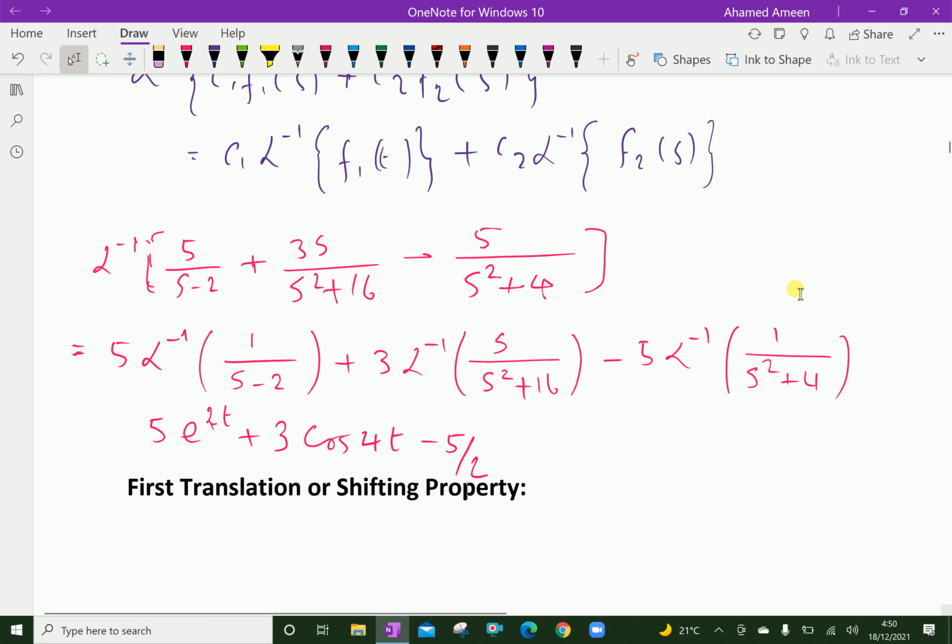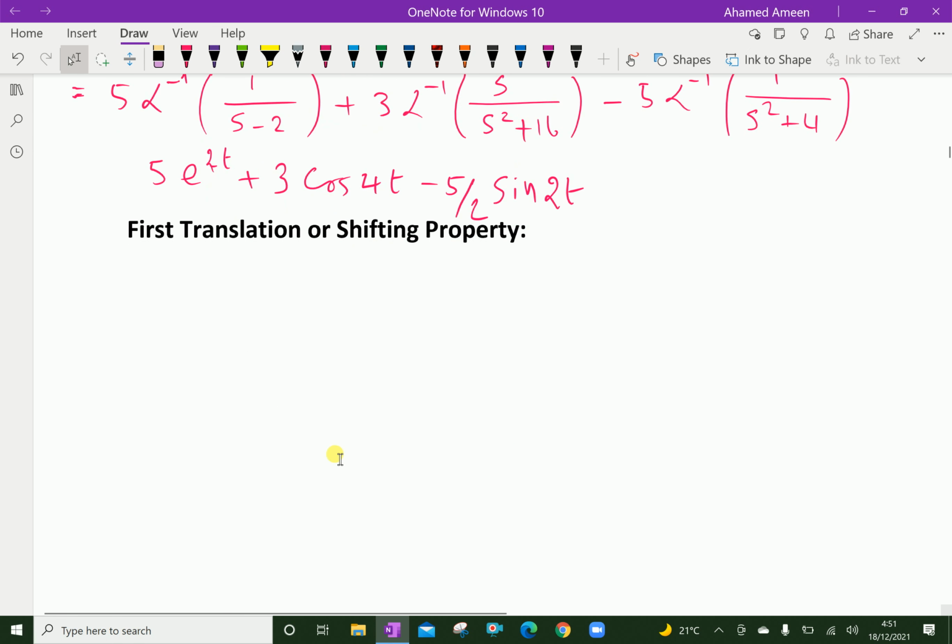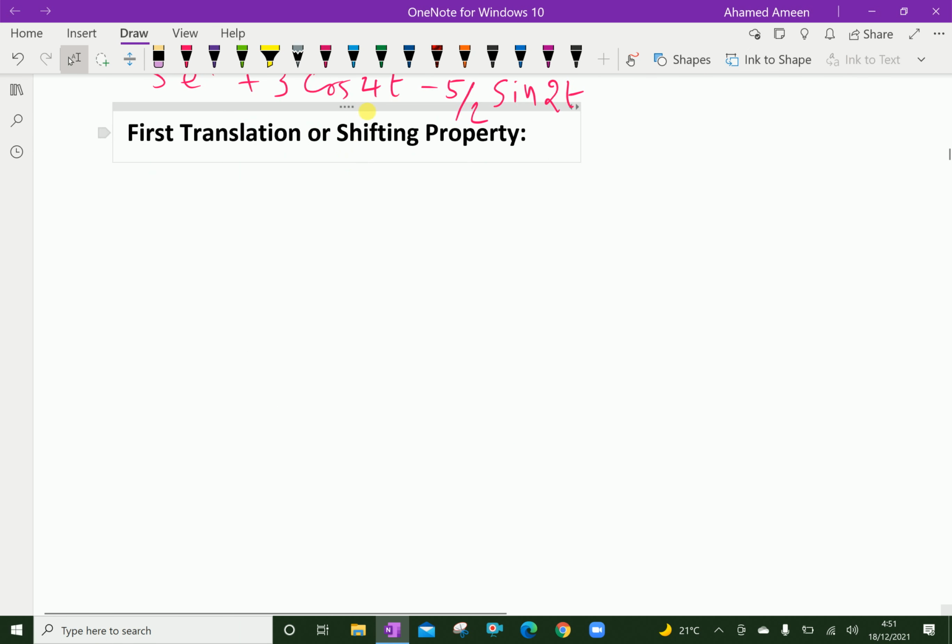Then you can apply the formula, that is sine 2t.